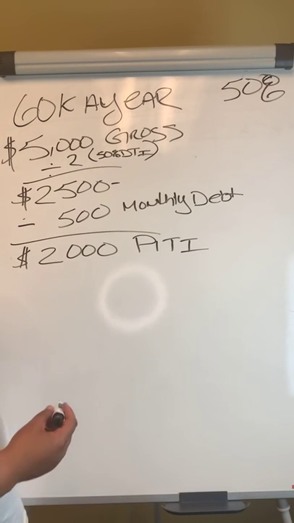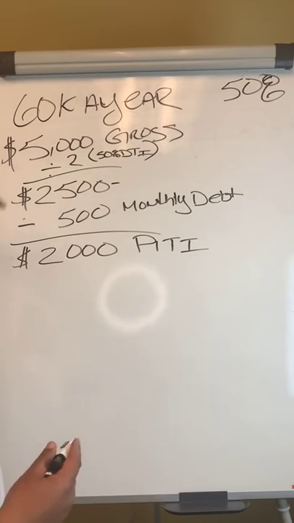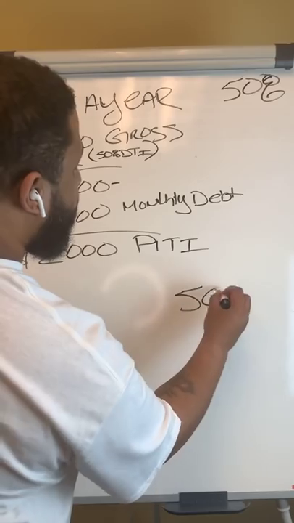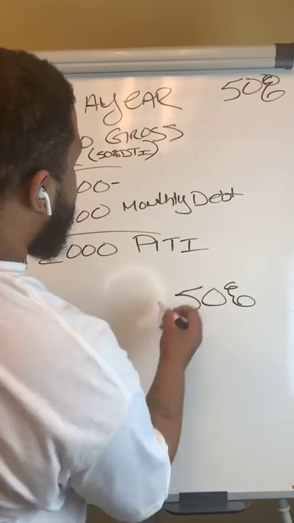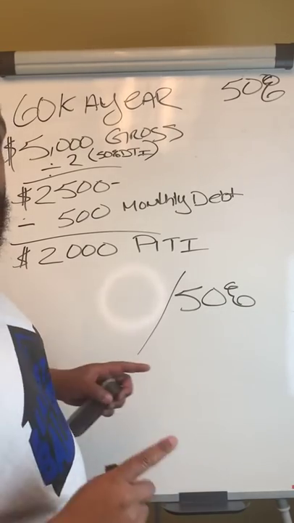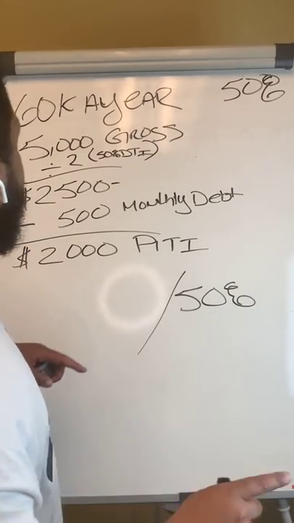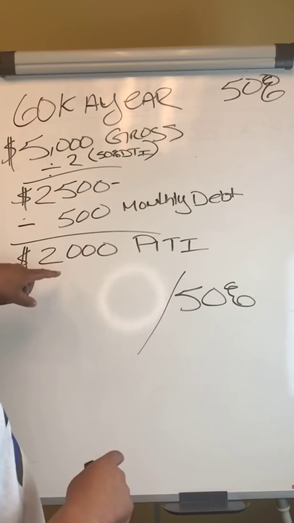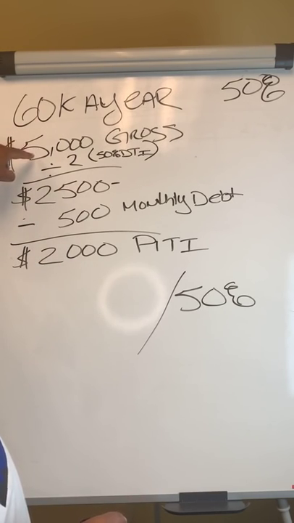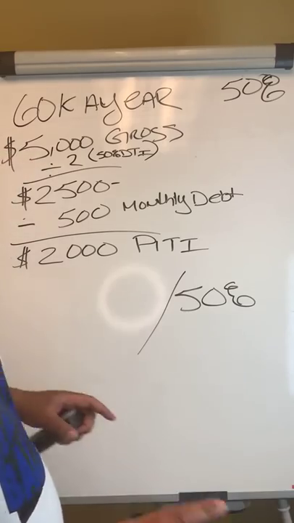Now, that's your back end, right? So your back end will be 50%. Now remember, what people tend to forget is the front end ratio. So now we're looking at your $2,000, divide that by your $5,000. Somebody got a calculator?